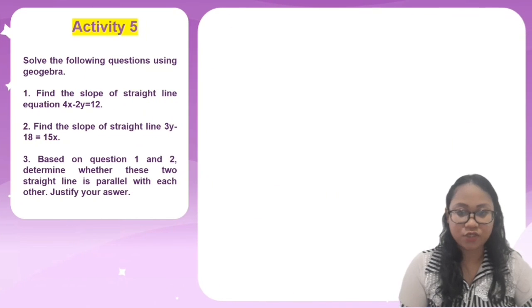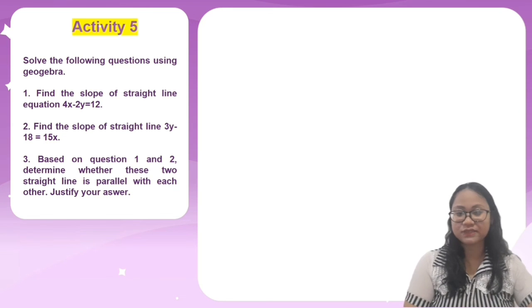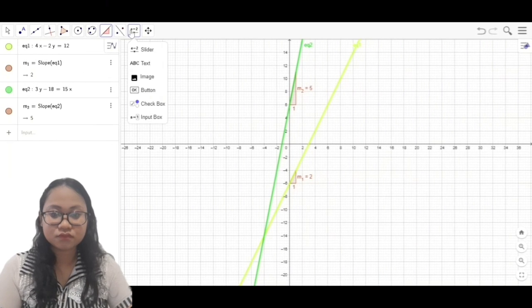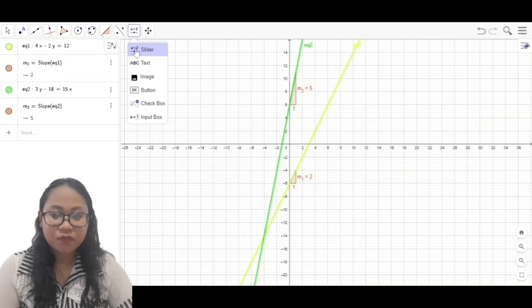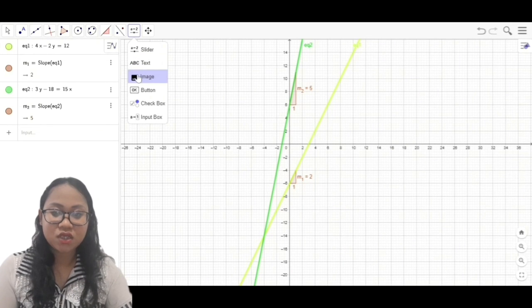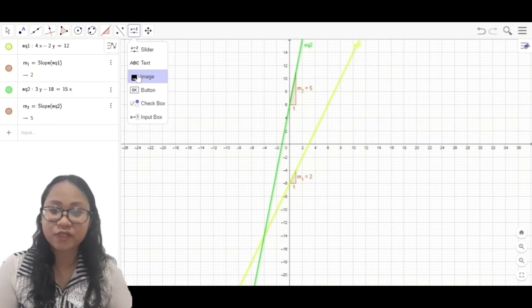And for the last question, based on question 1 and 2, determine whether these two straight lines are parallel with each other. Justify your answer. For question 3, just look at the graph of both straight lines.